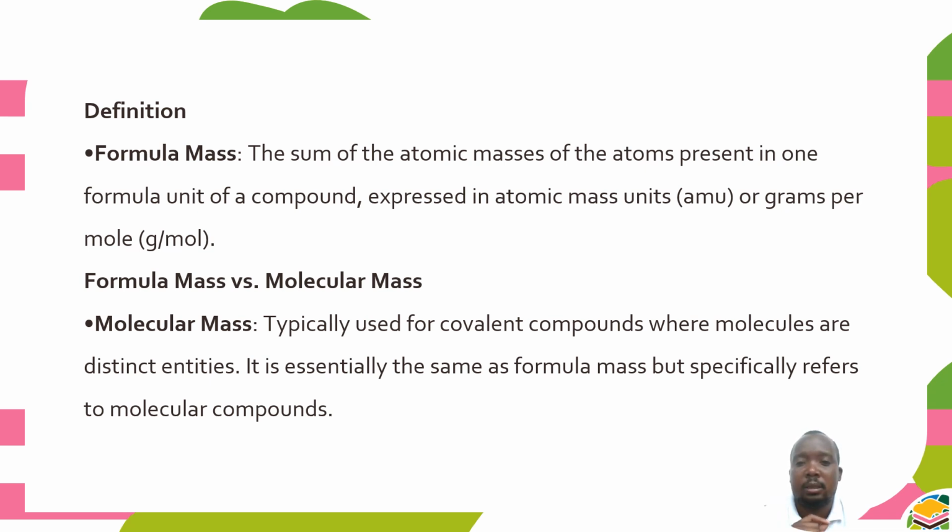If it is an ionic compound, you say it is a formula mass. You are just stressing that one is for ionic compounds and the other is for covalent compounds. But in terms of number, it is the same.